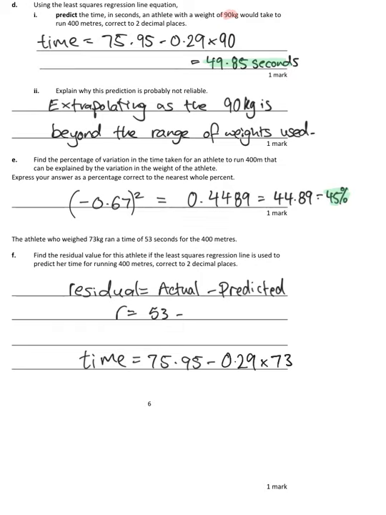So this will give us the predicted time from the regression equation, minus 0.29 times 73.